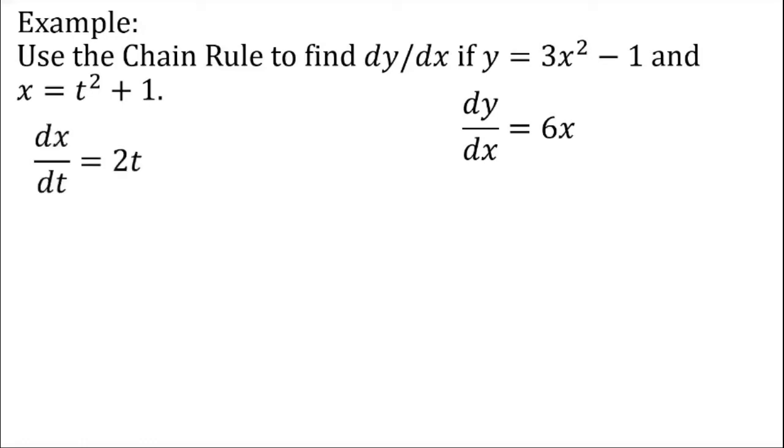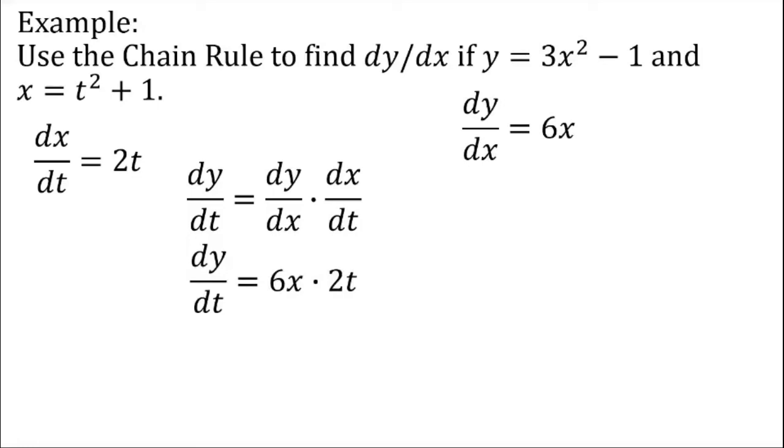And our dx over dt is equal to 2t. So dy over dt is equal to dy over dx times dx over dt. So dy over dt is equal to 6x times 2t. So dy over dt is equal to 12xt.